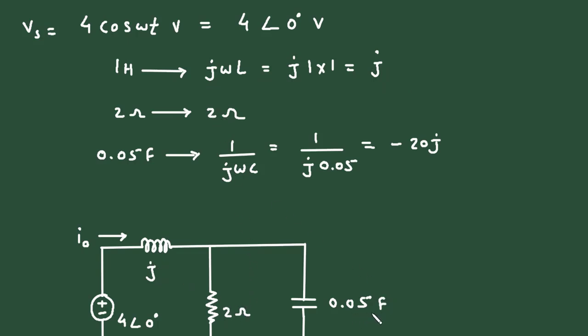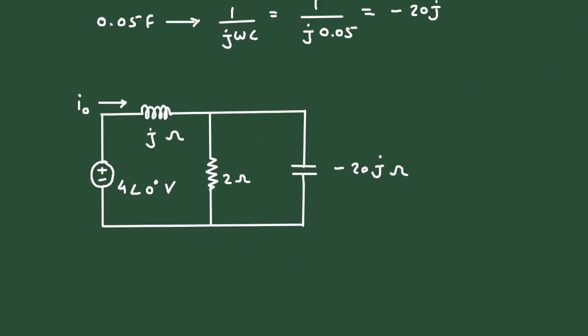This 0.05 farad will be changed to minus 20j, and its unit will be ohm. Here also this will be ohm. And this is voltage, so its unit will be volts. And this will be capital Io.